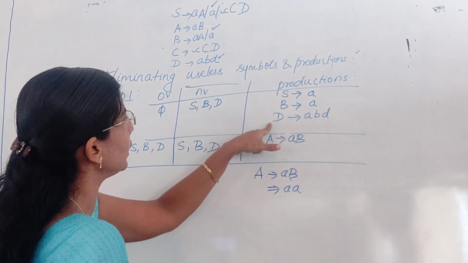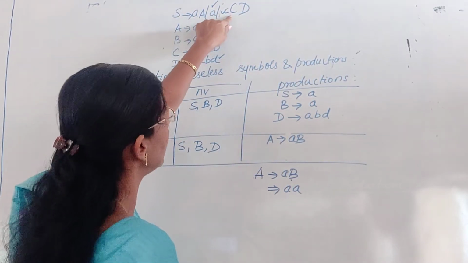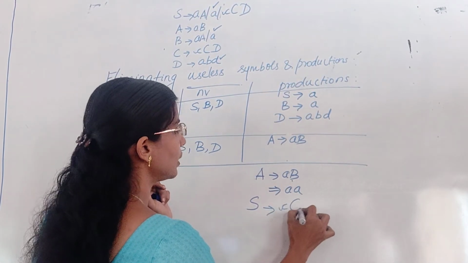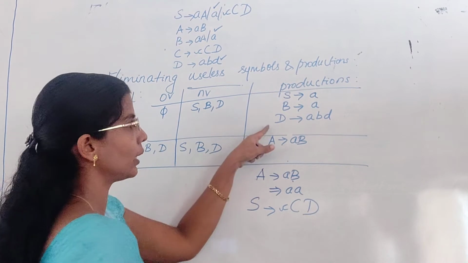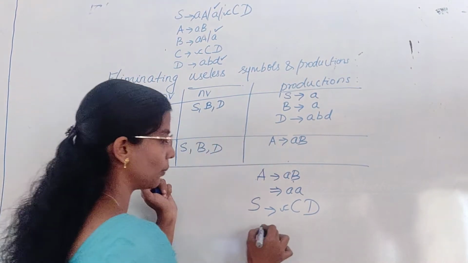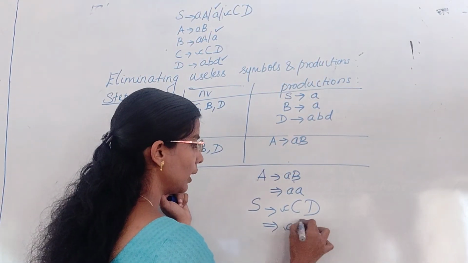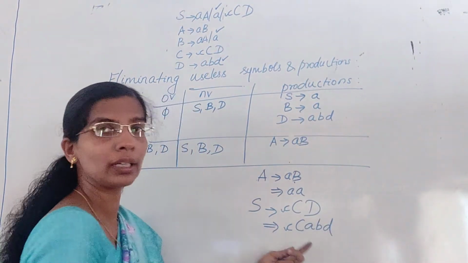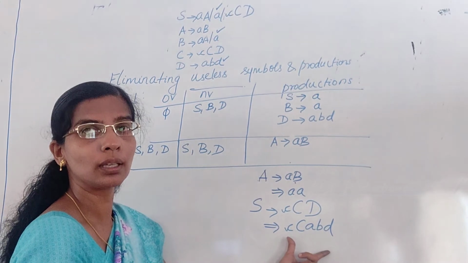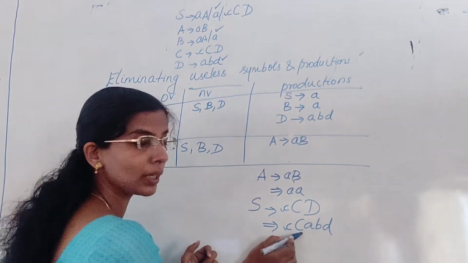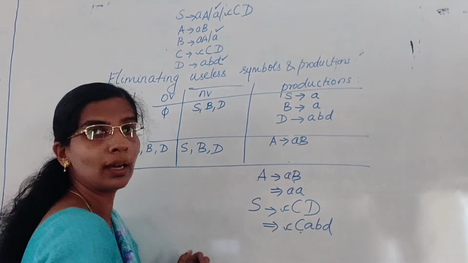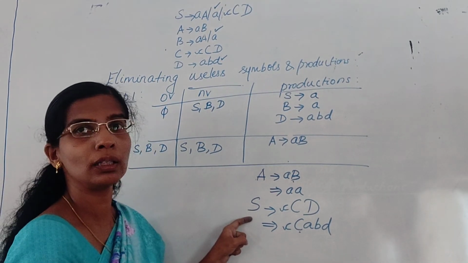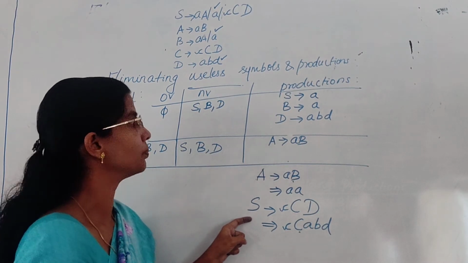Next, you check for D. Yes, I have D here. What is the production? C tends to small c, capital C, D. And what can I substitute? I can substitute D: small c, capital C, in the place of D, a, b, d. Am I getting only terminals in the RHS? No, because I have a capital letter here, a variable. So I cannot include this production.